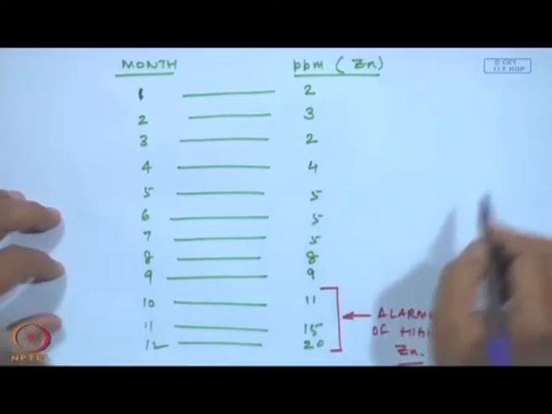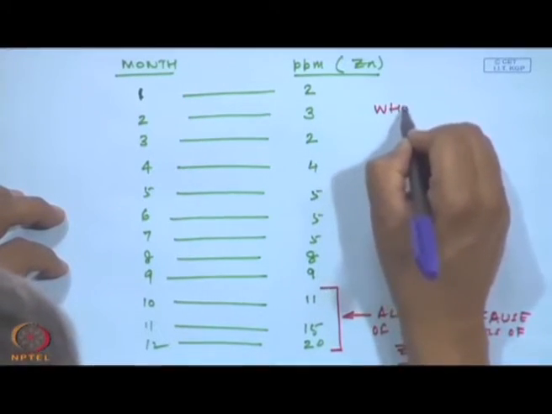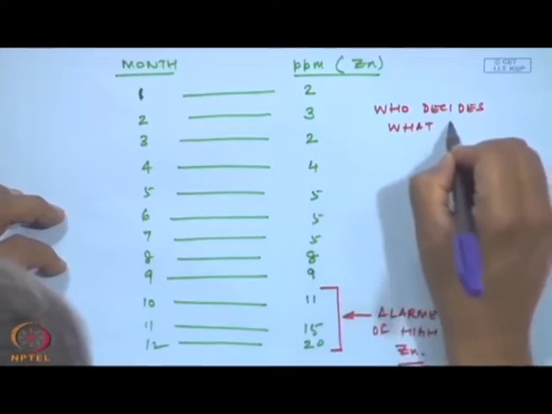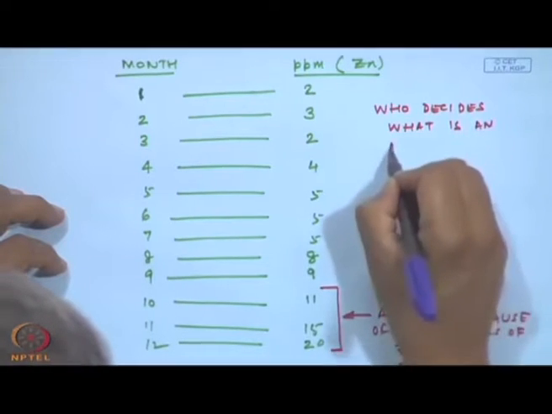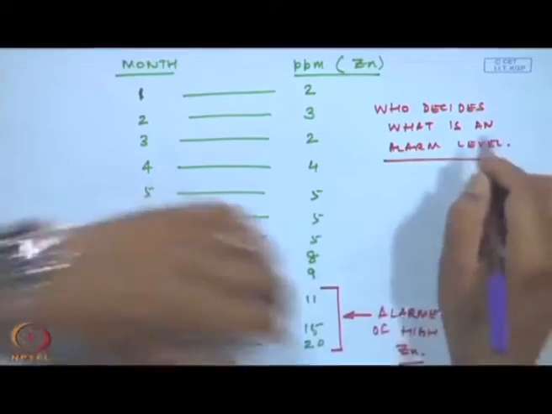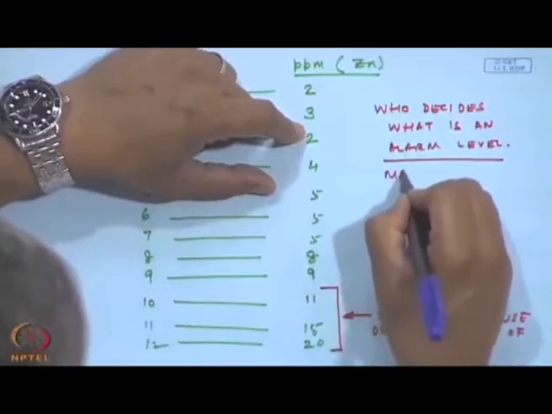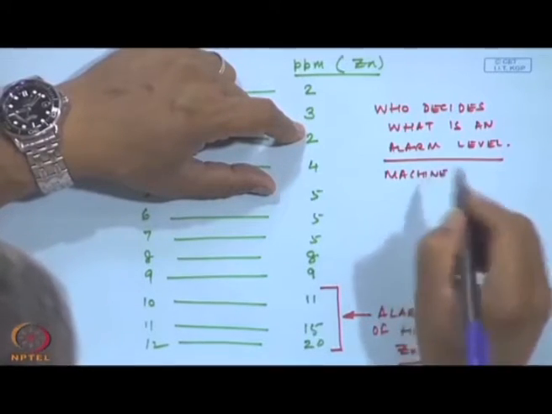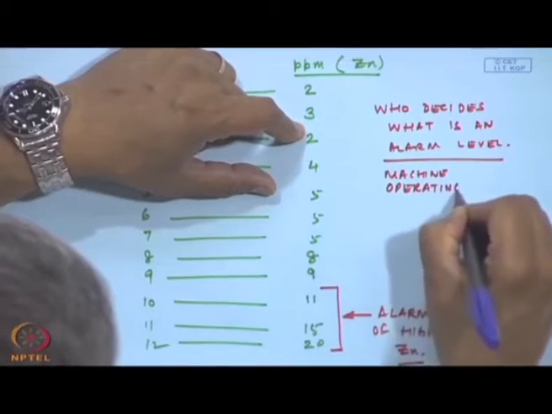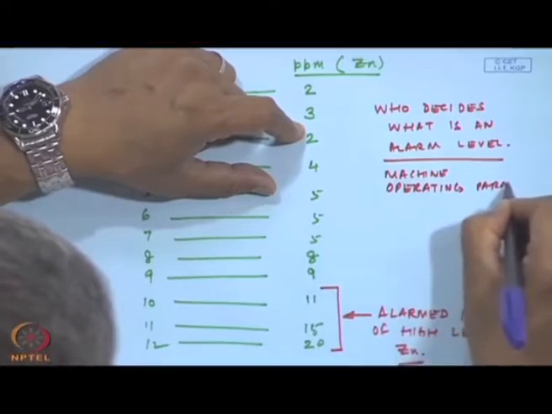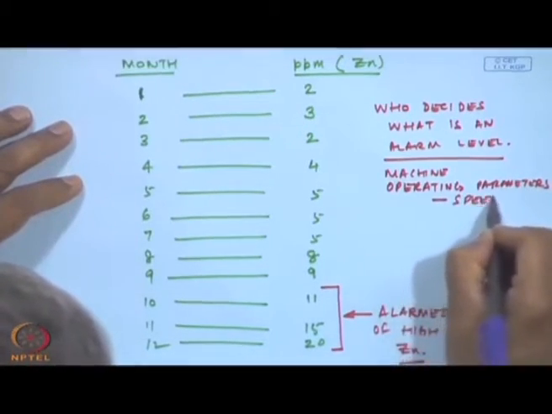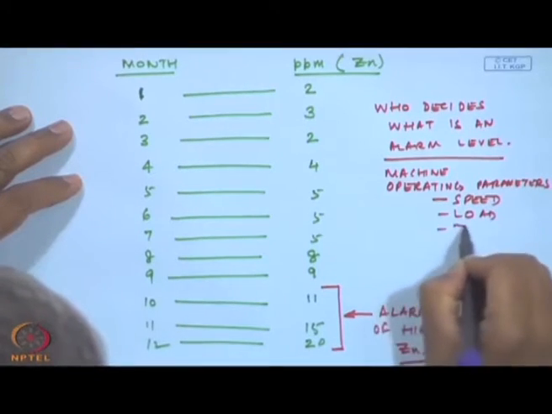Well, but then you may be wondering who decides what is an alarm level. Well, this depends on many things. This depends on the machine, of course. This depends on the operating parameters, like speed, load, temperature.